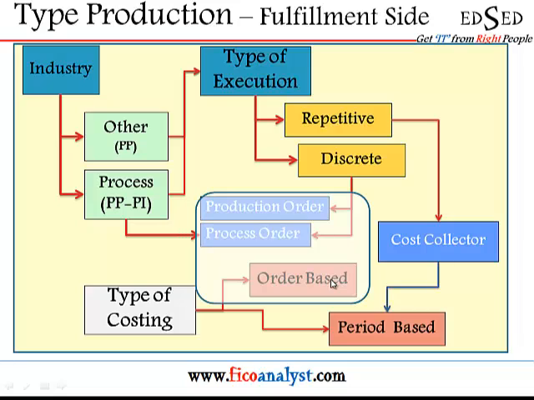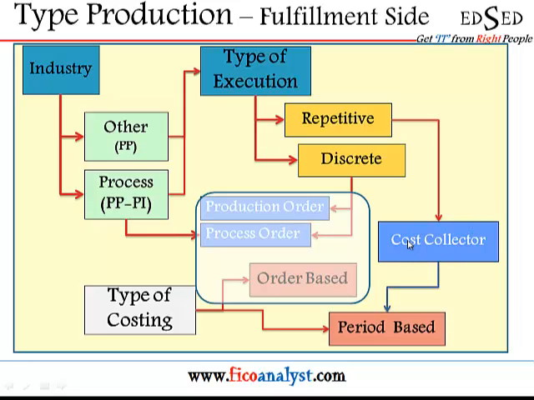If you are using repetitive manufacturing, basically you are going to use a cost collector. The cost collector is an SAP costing terminology, but since you do not have a particular lot, you do not need a specific order to be created.